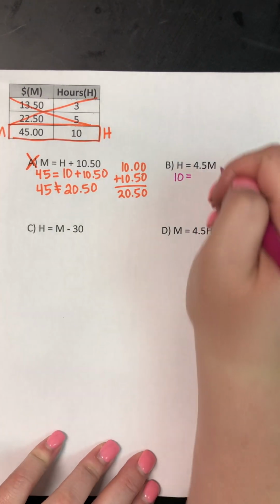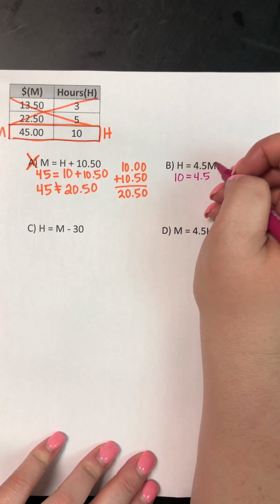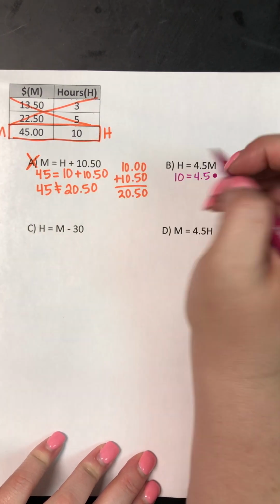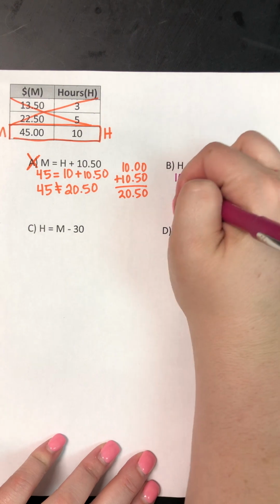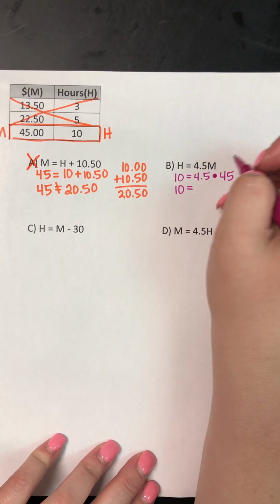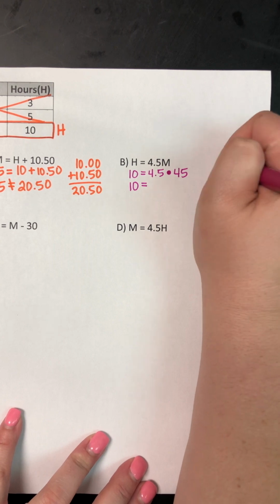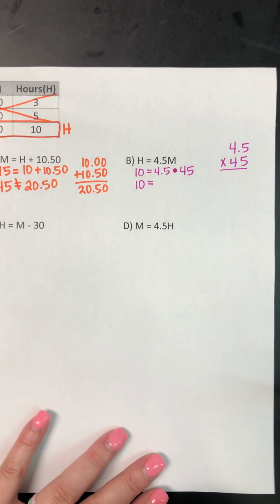Then we have an equal sign, and then we have 4.5. When a number and a letter sit next to each other, it means to multiply. So I'm multiplying by M, and again, that is 45. So 10 equals, well, I don't know what 4.5 times 45 is, but I'm pretty confident it's not going to be 10.